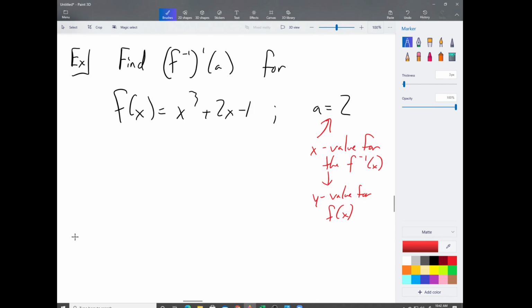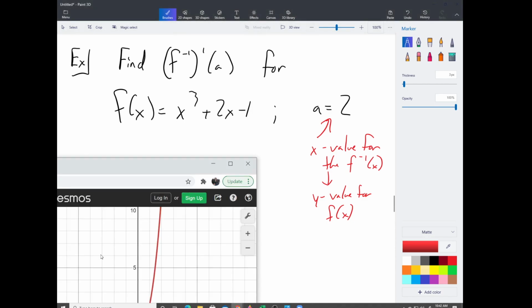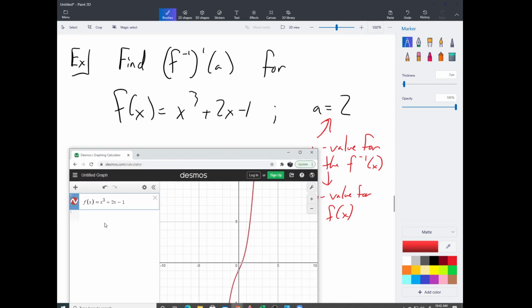This is what I was trying to get across when I was talking about switching your x and y's, and I was using the table format. So since it's the y value for our original function, let's plug in y equals 2 to find out where those two cross. Because this is just going to be a lot easier than trying to solve it algebraically. Just go right to the graph.